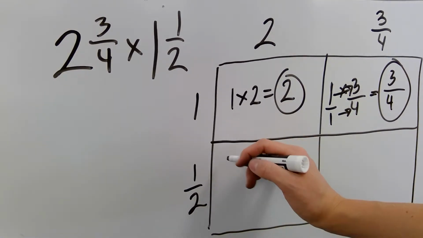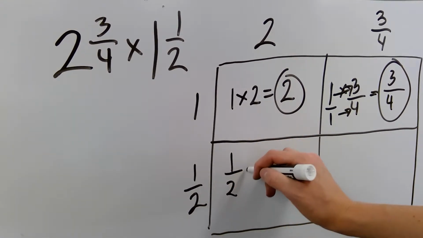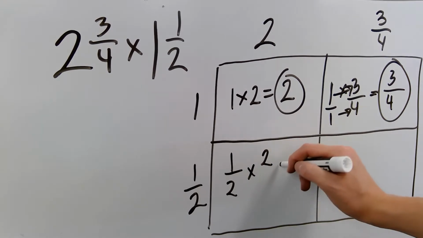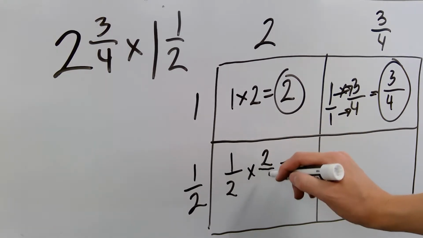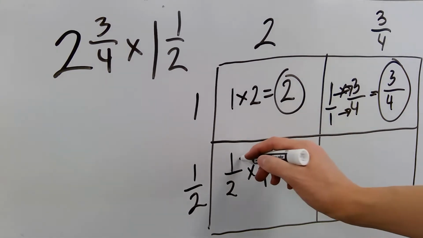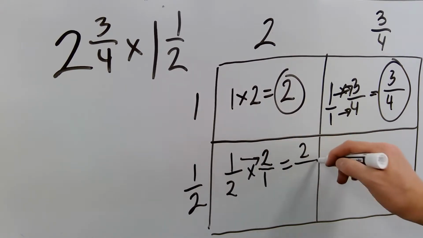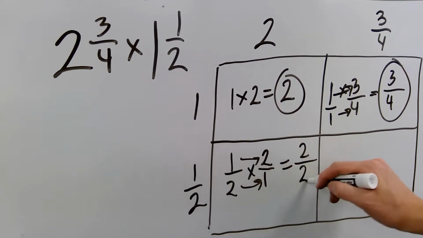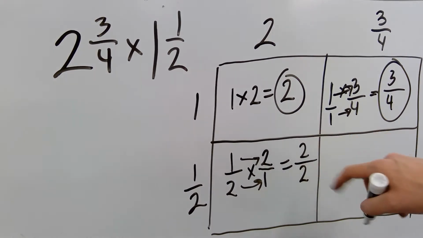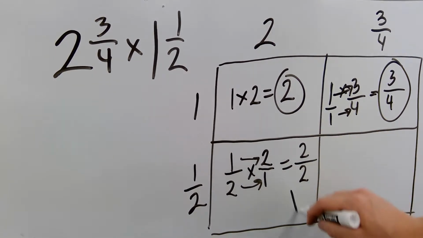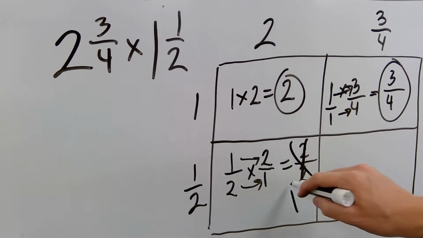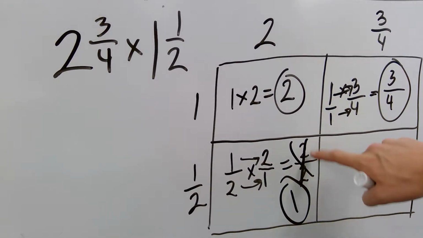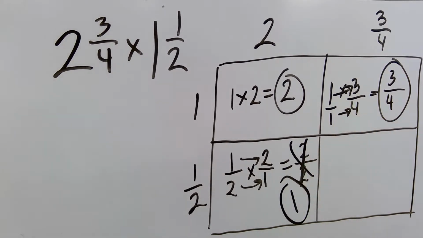In this box, I'm doing 1/2 times 2. So I've got another whole number. I just make the denominator 1. 1 times 2 is 2. 2 times 1 is 2. So my answer is 2/2, which really equals 1 whole. So I'm just going to change it into 1 whole. When the denominator and the numerator are the same, it's a whole.